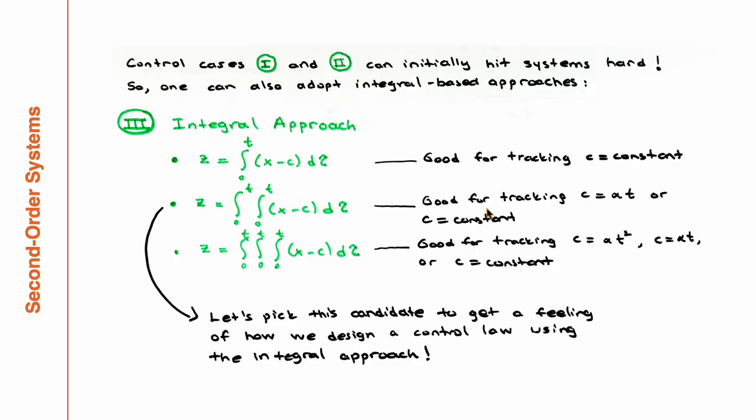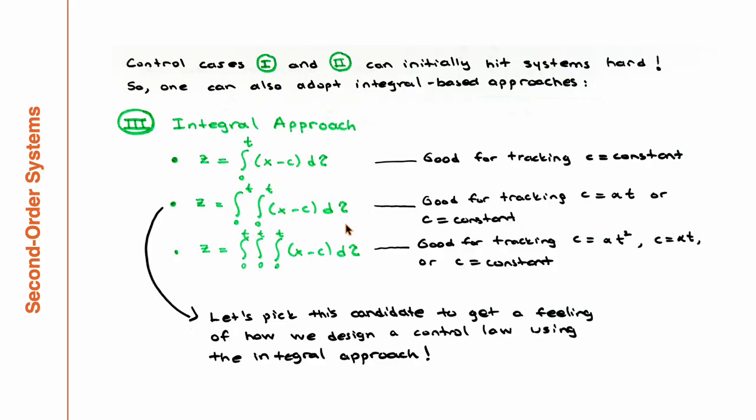Well, if you would like to track ramps, like when we take off and land, our aircraft is acting like a ramp command we would like to track, right? Our altitude increases and decreases with some slope. And when you do cruise flight, you basically maintain your same altitude. Your command is constant.